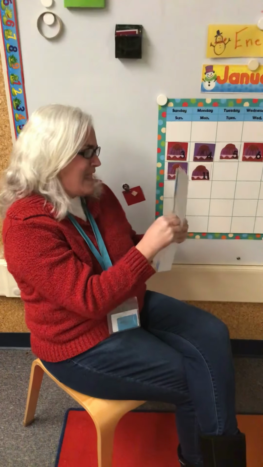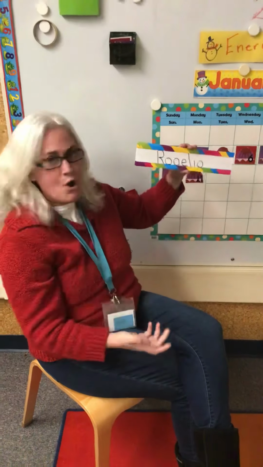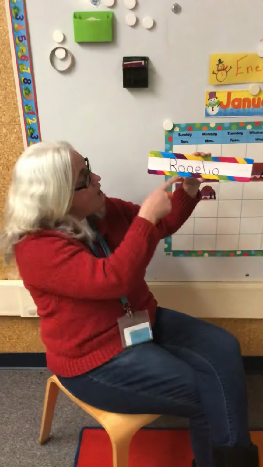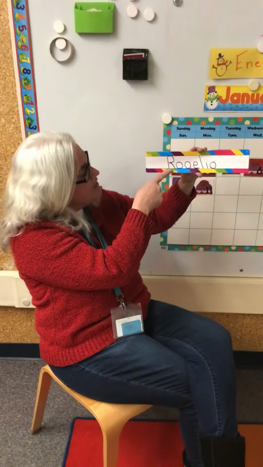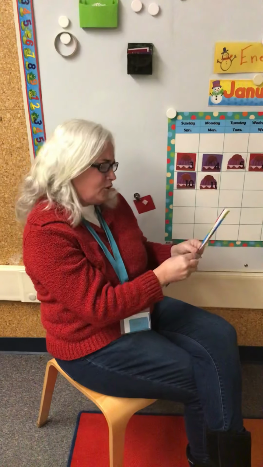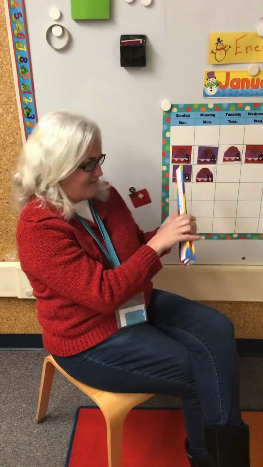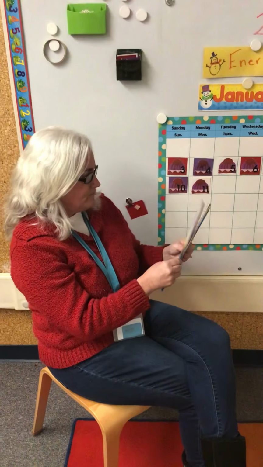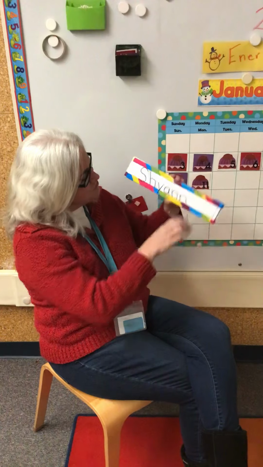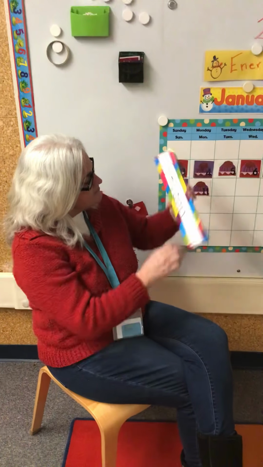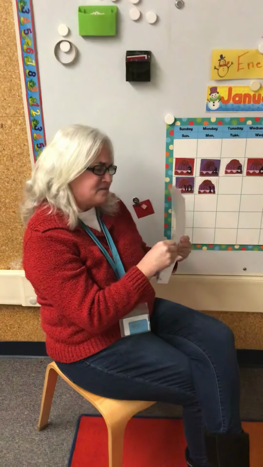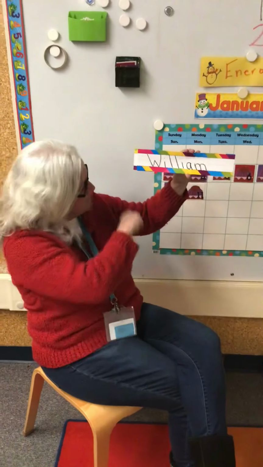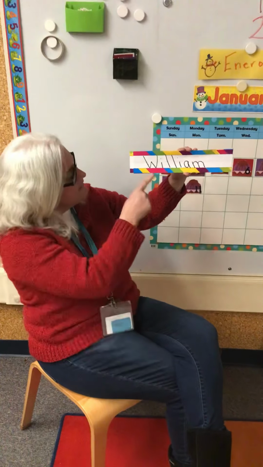L, M, N, O, P, Q, R. Here we come. Rogelio for R. Q, R, S. We have some S. We have Scarlet for S. We have Cheyenne for S. Q, R, S. No T, no U, no V, but we've got a W. William.